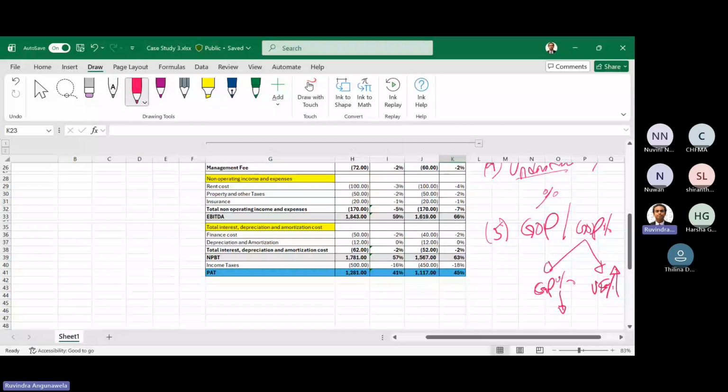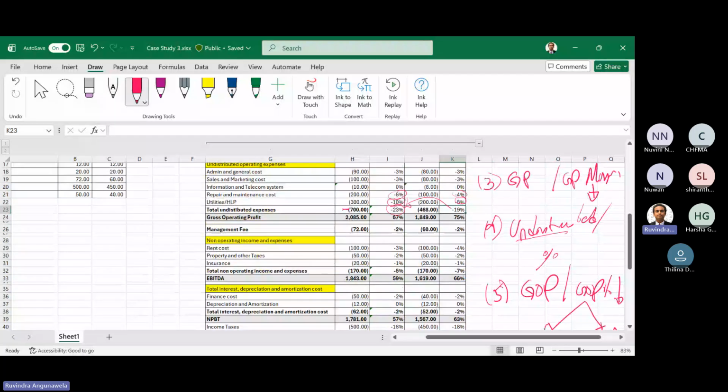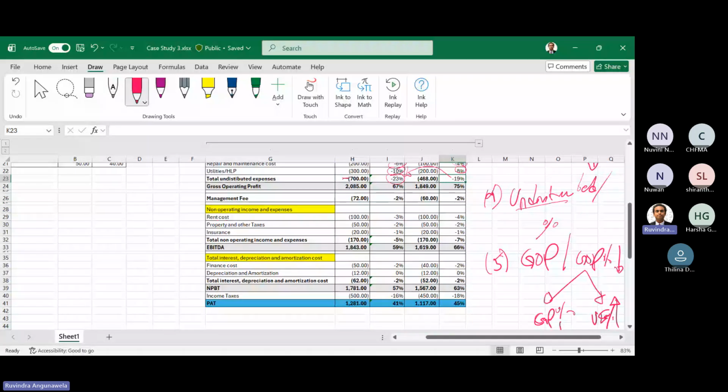Hope that is clear. Then the management fees, there's nothing much to comment on there. Then the non-operating income and expenses are there, the rental, the property taxes, and so on. Mostly it has remained fixed, so you don't have to really comment on that.